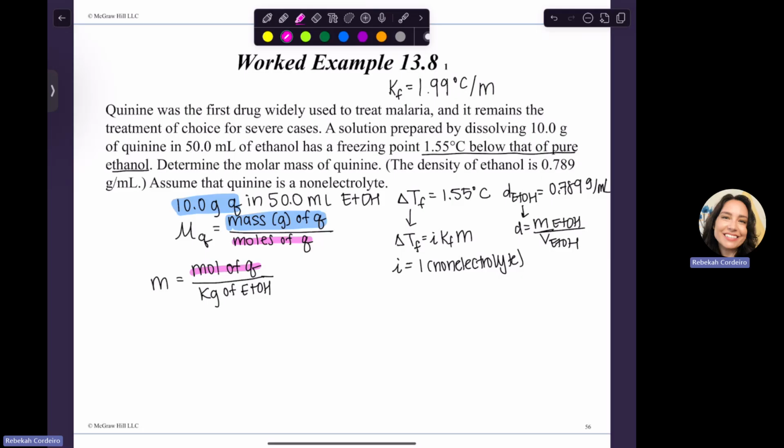What does that mean? I have density. What does that mean? If I know this is going to be grams of ethanol over milliliters of ethanol, how can I find kilograms of ethanol? Well, if I can find grams of ethanol, I can find kilograms of ethanol. Well, did they give me volume of ethanol? They sure did give me volume of ethanol. Let me just highlight that in a different color so you can see.